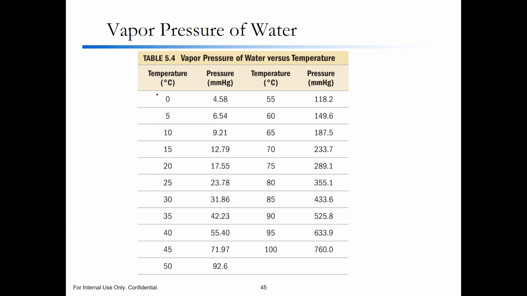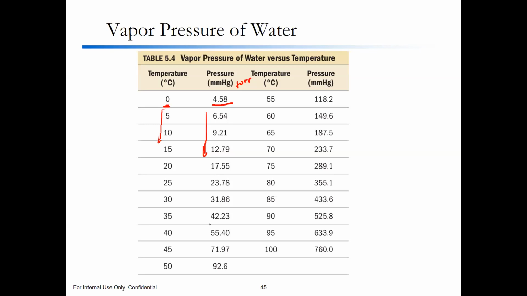So you look at this: someone measured the vapor pressure of water at different temperatures. At 0 C, what is the vapor pressure? 4 torr. Millimeters of mercury is the same thing as torr. As the temperature gets hotter, what's happening to the pressure? It's getting bigger.